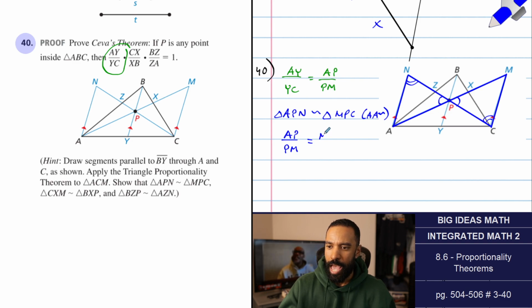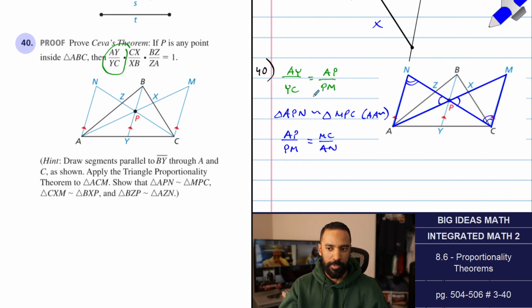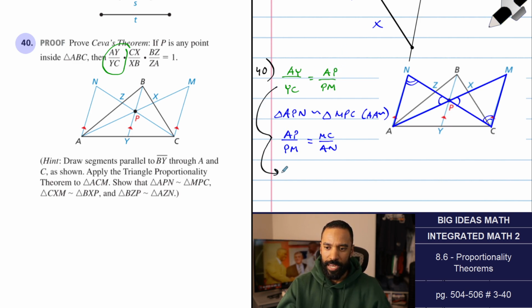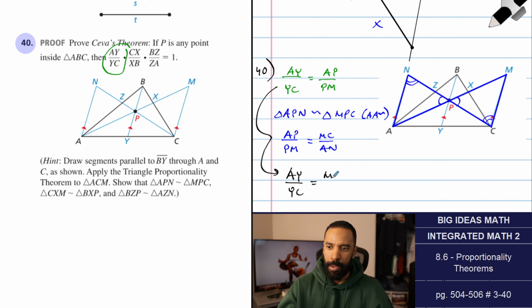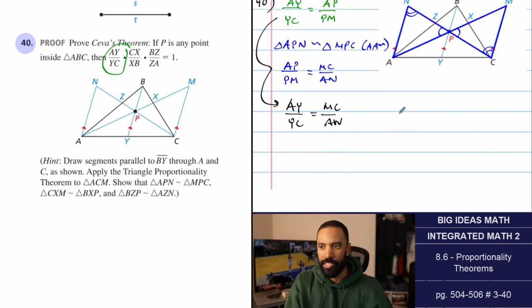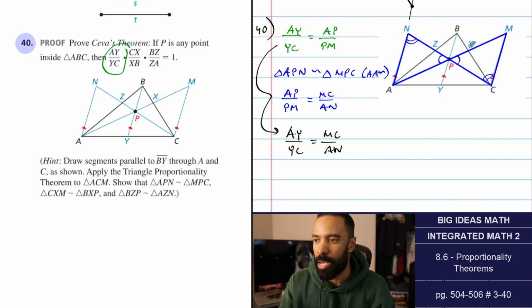I'll say MC over AN. So now by, not substitution, but transitive property of equality with these two together, we now have a statement that can say AY over YC equals MC over AN.